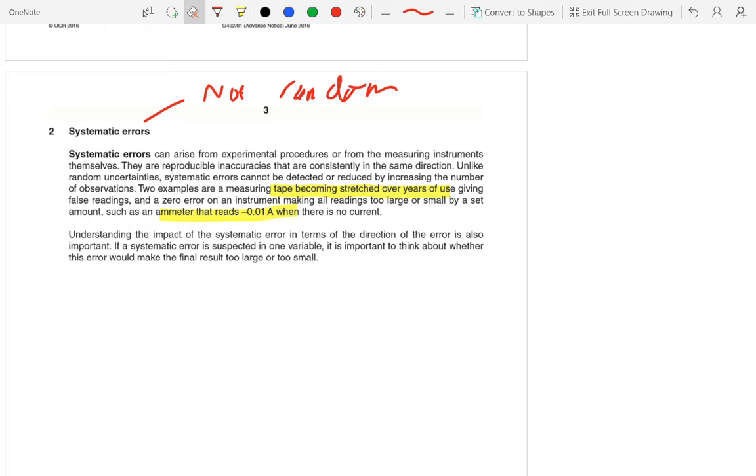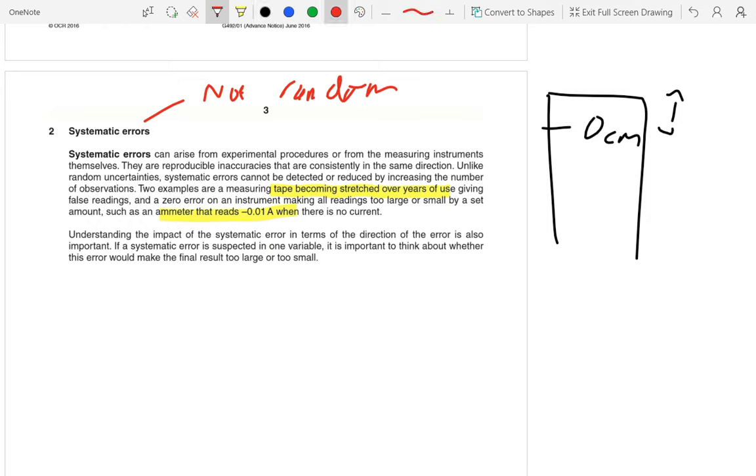It says about the direction of the error. So if we have our endpoint like this, we've got a little bit extra there, so every value that we measure with this ruler will be smaller than the actual value.